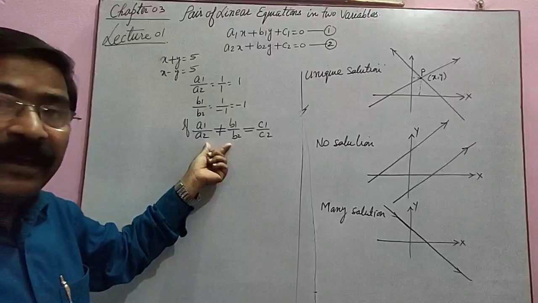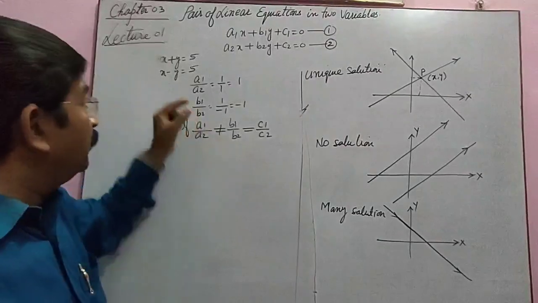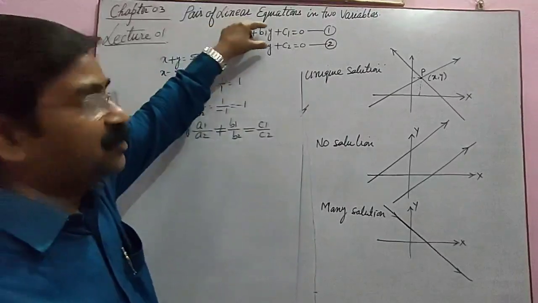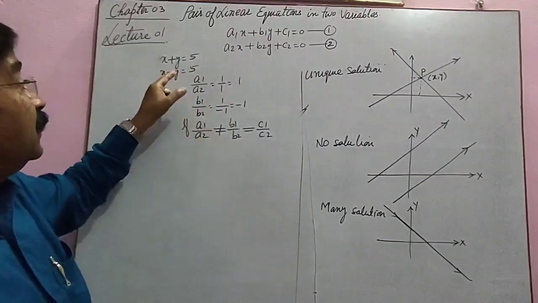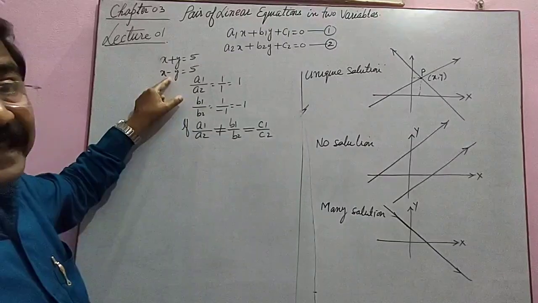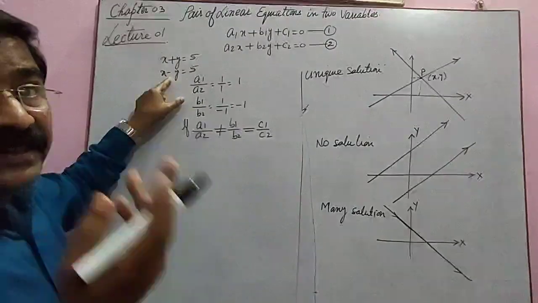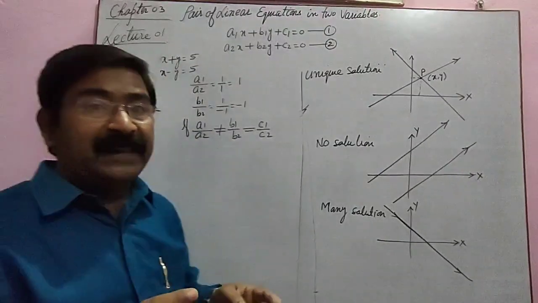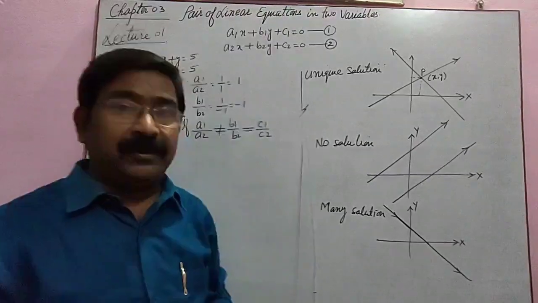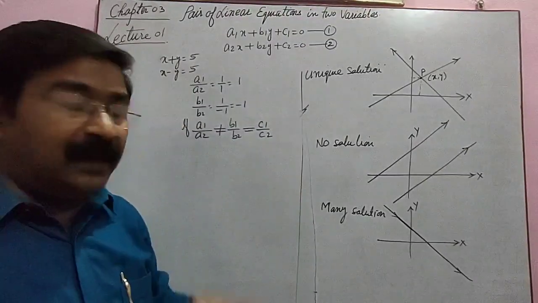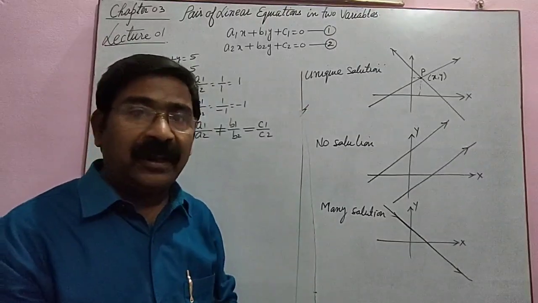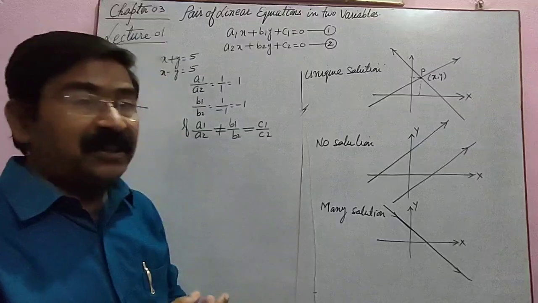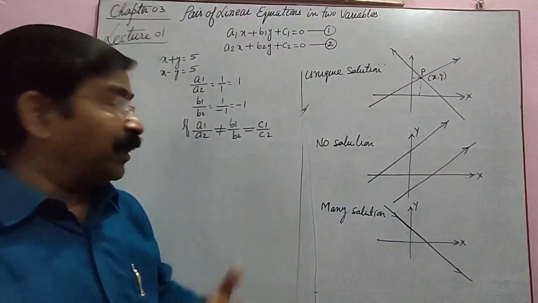We have to check the first two ratios, the coefficients of x and coefficients of y. They are not equal. Why? Because the sign was changed, so the direction is changed. And if two lines are in different directions in the plane, they will intersect each other, and they intersect only at one point.